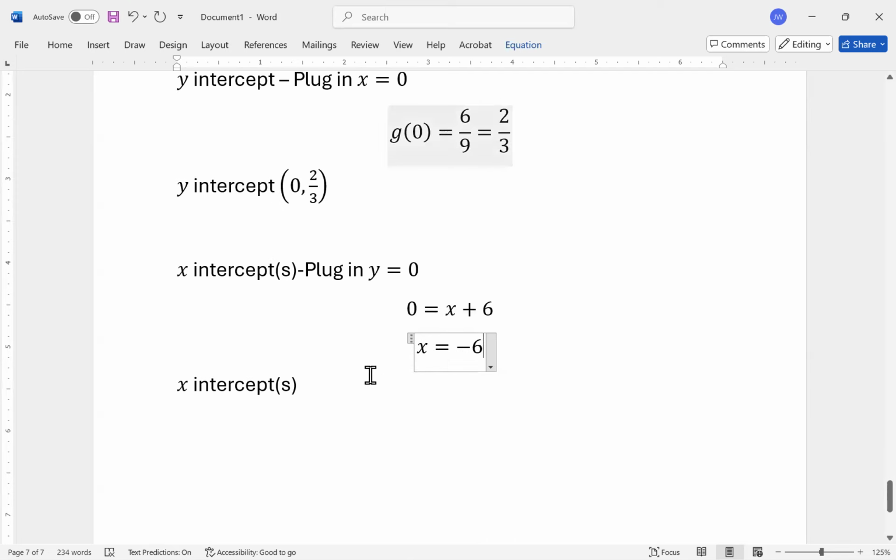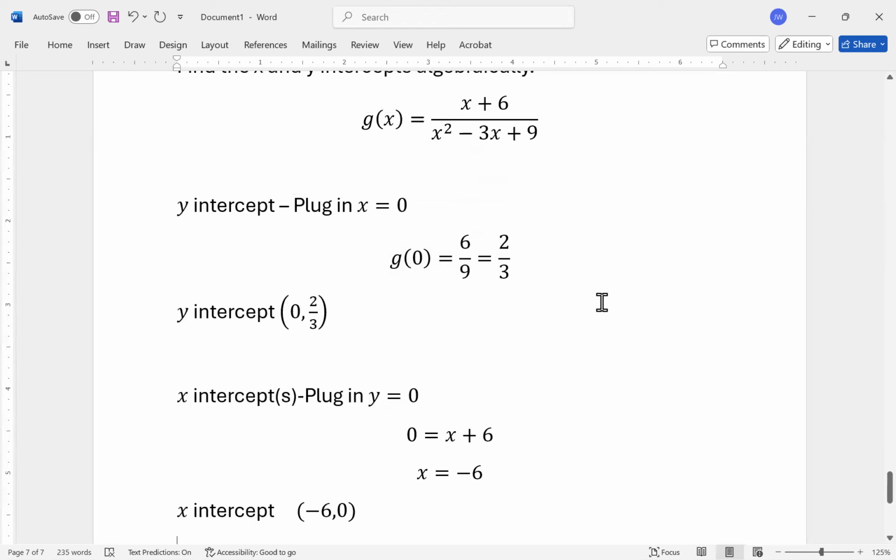That's the only situation. So that means I have one x-intercept at the point (-6, 0). So in this case, I had one y-intercept and one x-intercept.